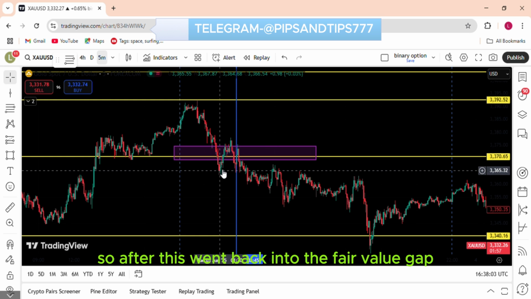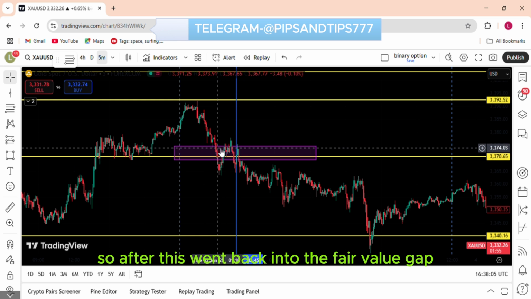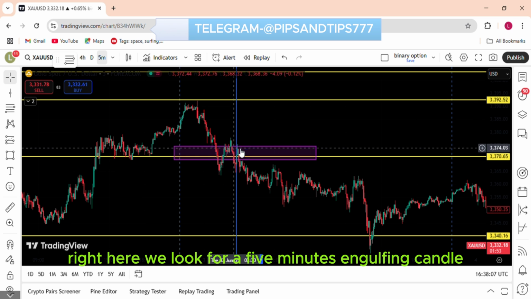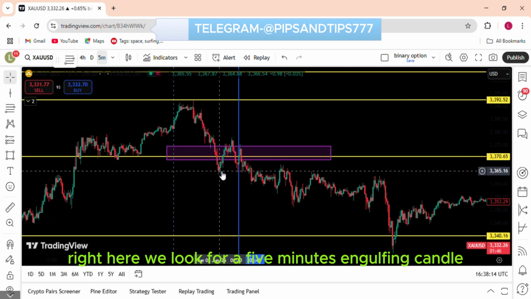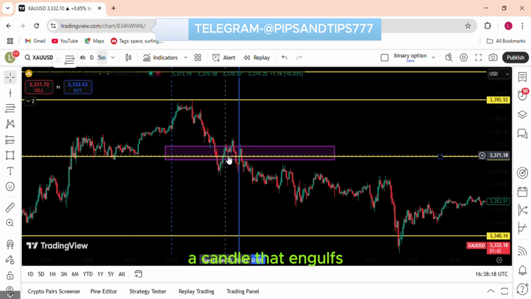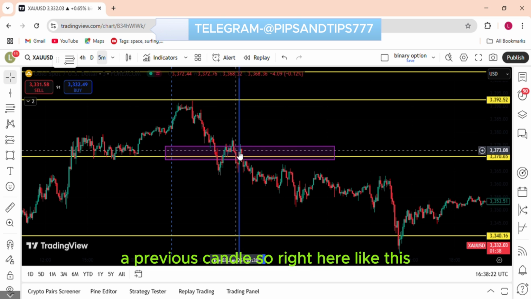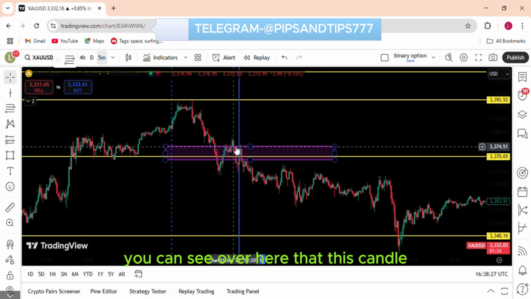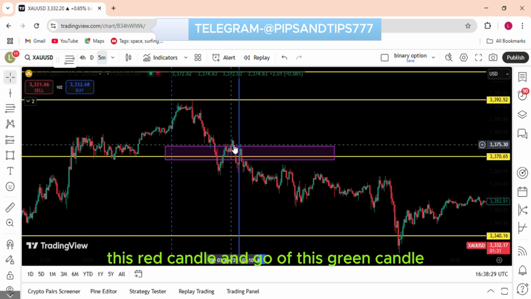So after this went back into the fair value gap, right here, we look for a 5 minutes engulfing candle, a candle that engulfs a previous candle. So right here like this, you can see over here that this candle, this red candle, engulfed this green candle.